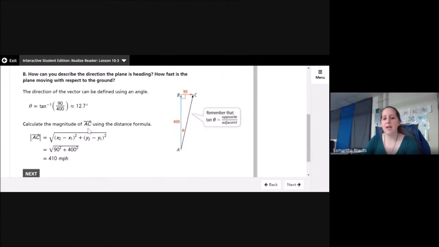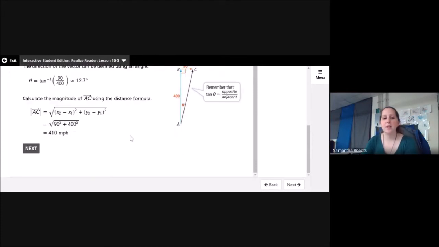Calculate the magnitude of AC using the distance formula. So I take x2 minus x1 squared plus y2 minus y1 squared. In this case, it's 90 squared plus 400 squared, which is about 410 miles per hour. The plane is traveling about 12.7 degrees east of north at a speed of 410 miles per hour in that direction.